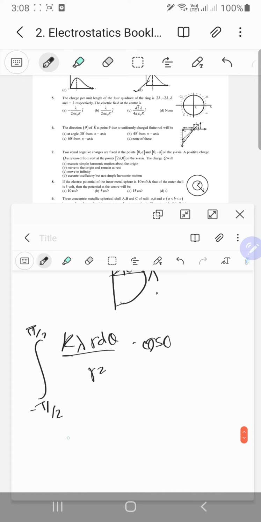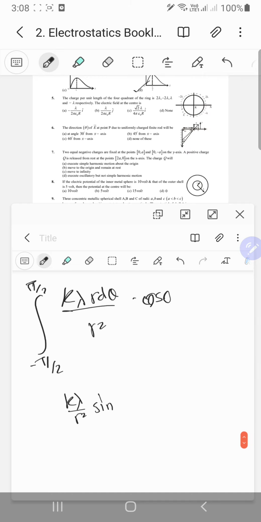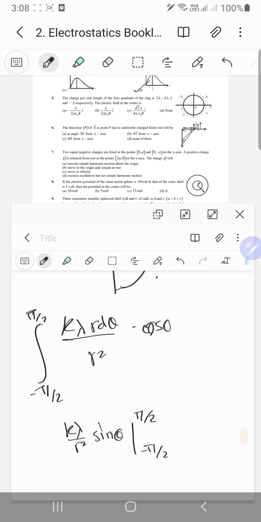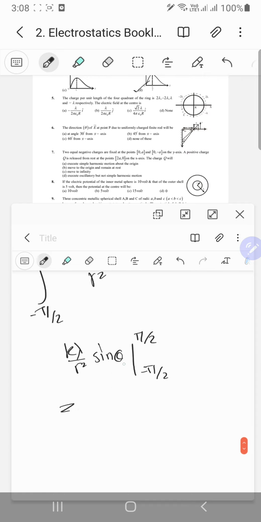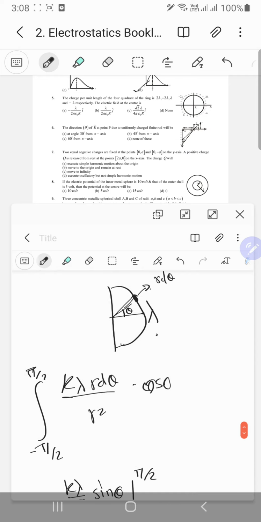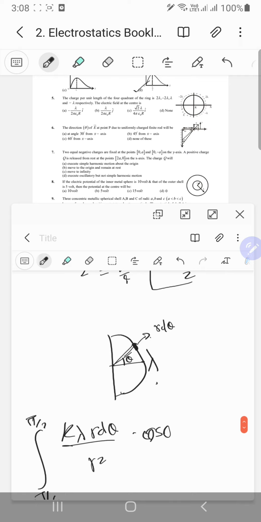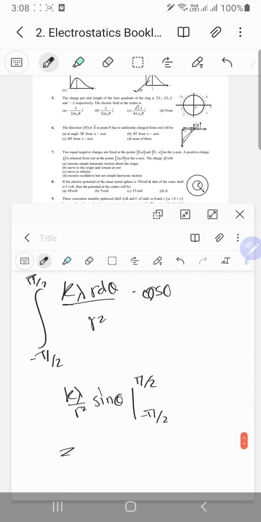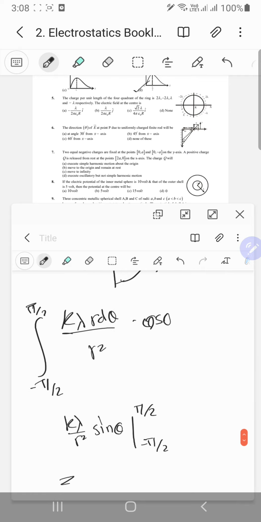Cool. So this is gonna be k lambda upon r squared sine, well, yeah, that looks correct. So it's just gonna be sine theta, going from minus pi by 2 to pi by 2. Did I do it correctly though? Looks correct. Oh, this r is there, so it's r over there.